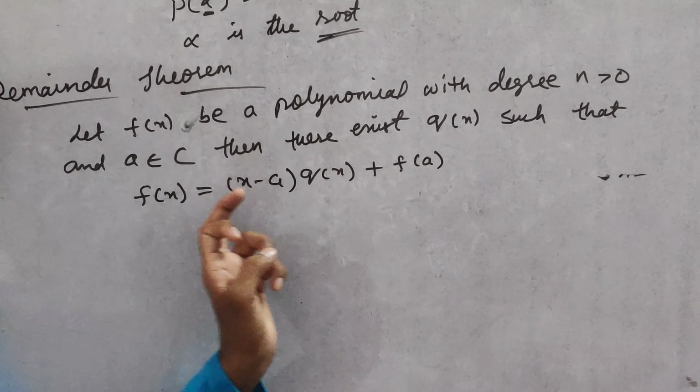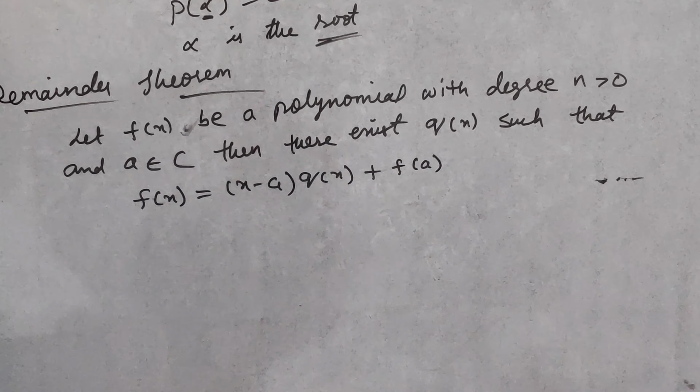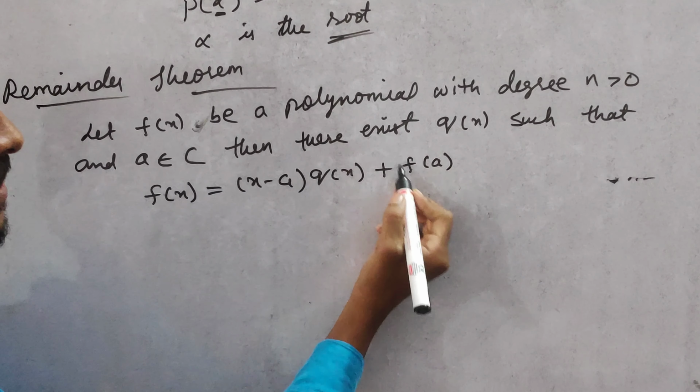Here q of x is the quotient and f of a is the remainder.